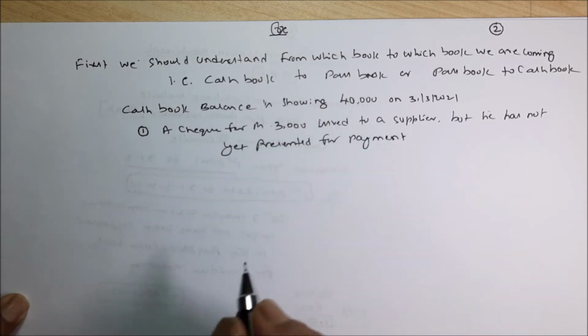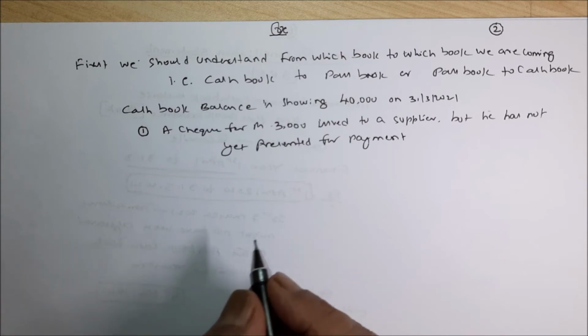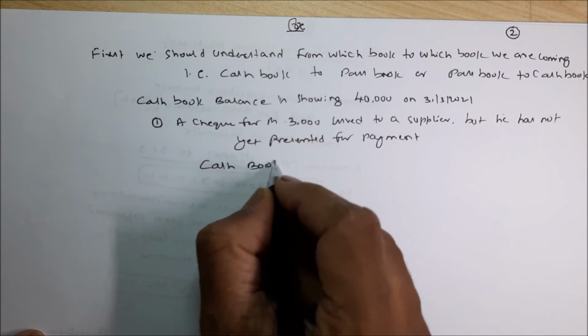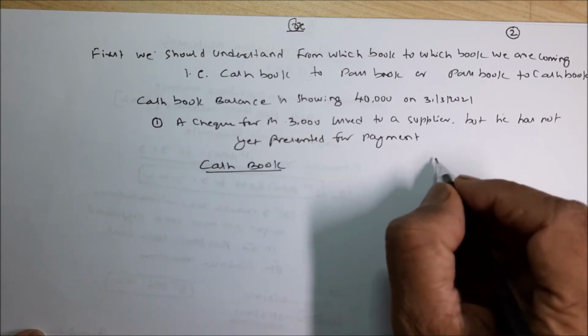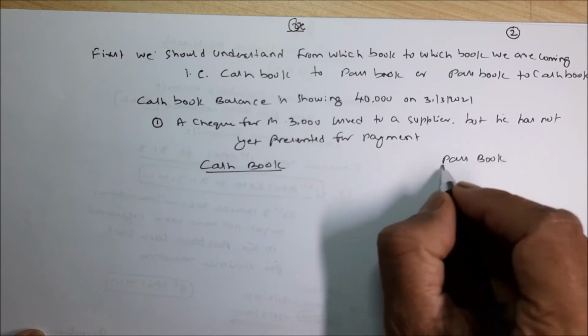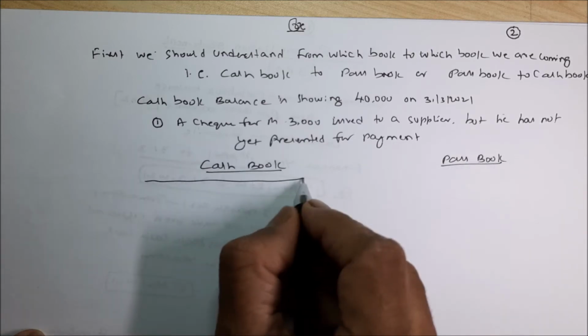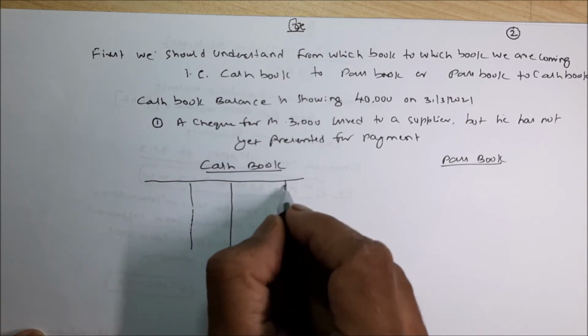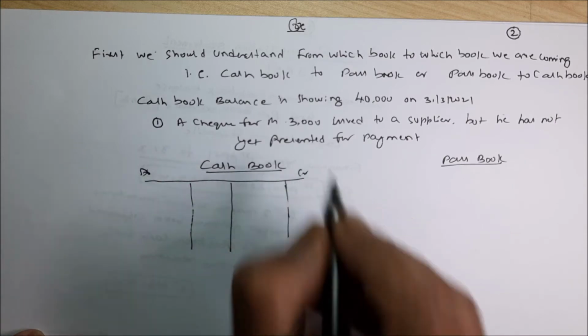Presented for payment. Now let us take, assuming here it is the cash book and here it is the passbook. You know that in the cash book there is a debit side and a credit side.